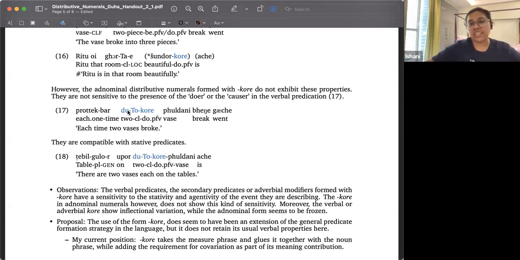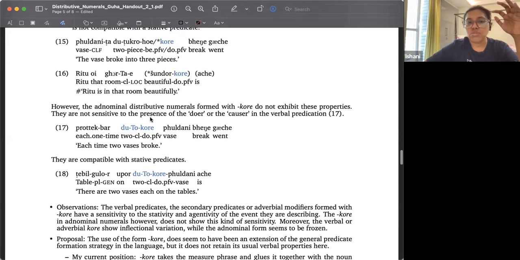This data is to come up with that sort of confusion: yes, it's true that we have a general predicate formation strategy in the language in the verbal domain, and we are extending that same strategy in the nominal domain. Yet these two cores have different properties. One is sensitive to the nature of eventuality it's describing, and the other is not sensitive to the nature of eventuality it's describing.